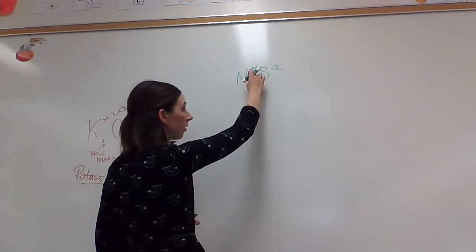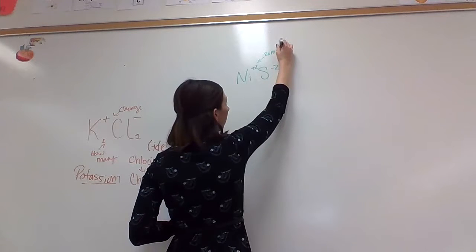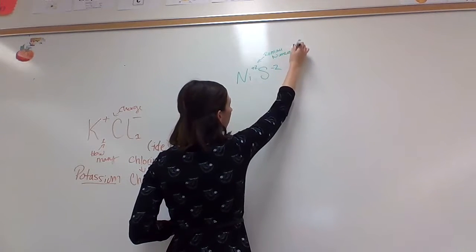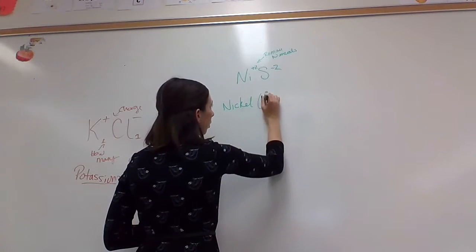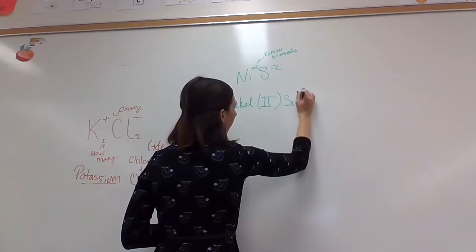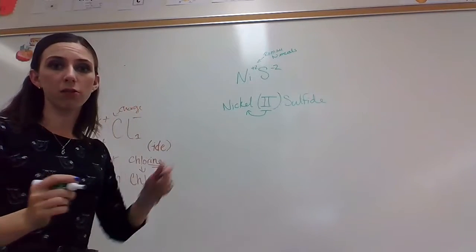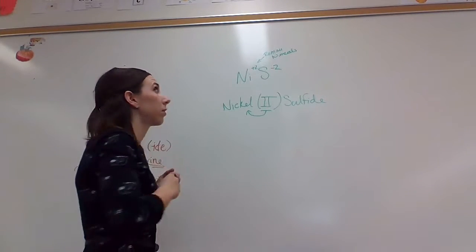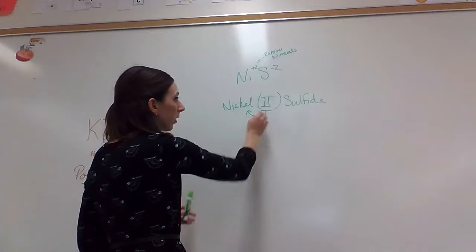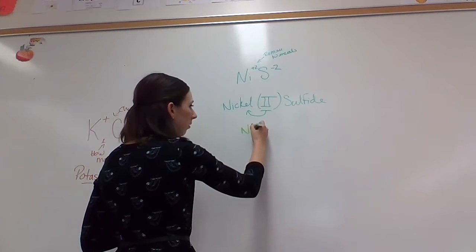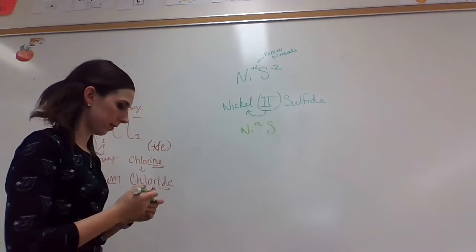So if we have a +2, for transition metals, this is the Roman numerals. So here we're going to put nickel(II) sulfide. And the II is telling us the charge on the nickel. The Roman numerals are telling us the charge on the nickel, and vice versa. If you were given the Roman numerals, you would know that this is nickel, II, the positive charge, and sulfide for the S.